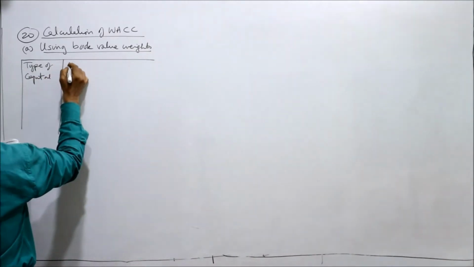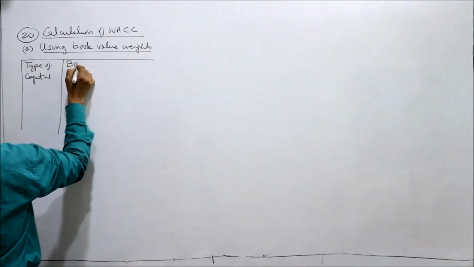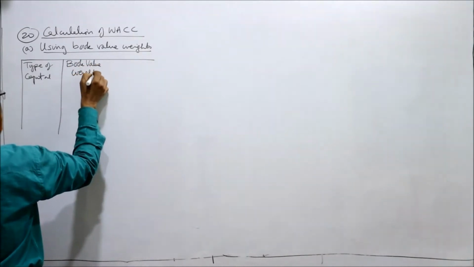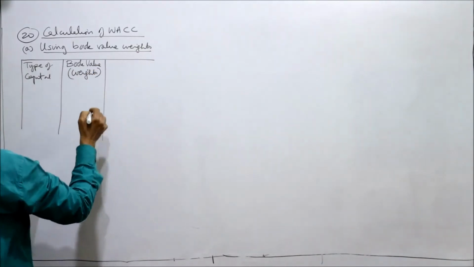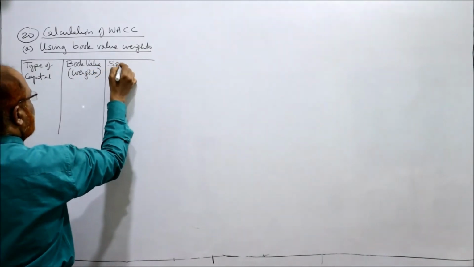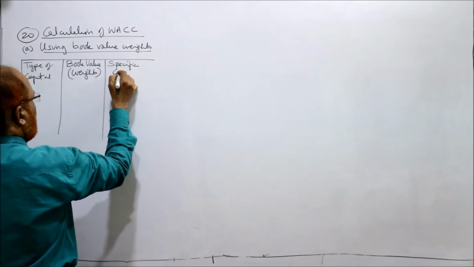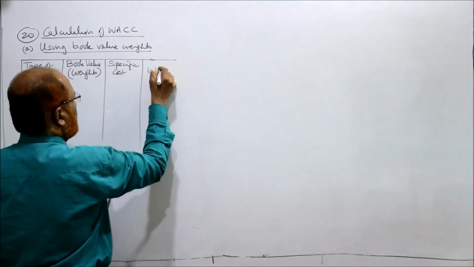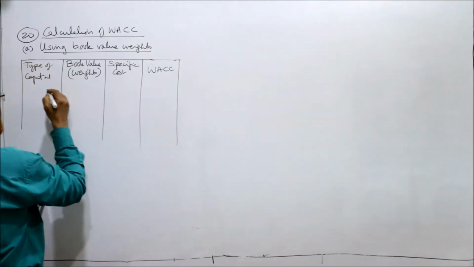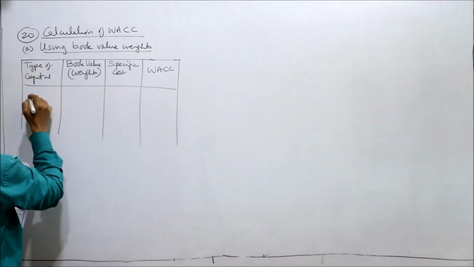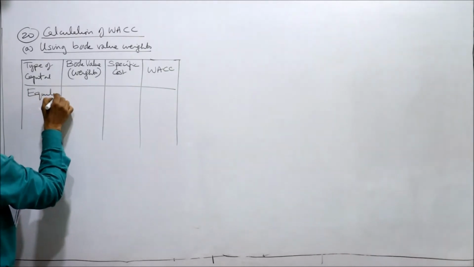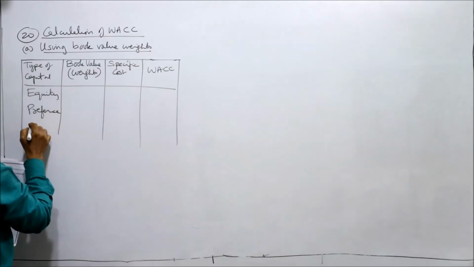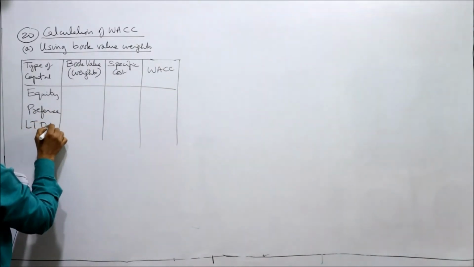Then second is book value weights. Then next one is specific cost. Then last one is WACC. Without applying any formula, directly we can get it. Equity, preference, long-term debt.